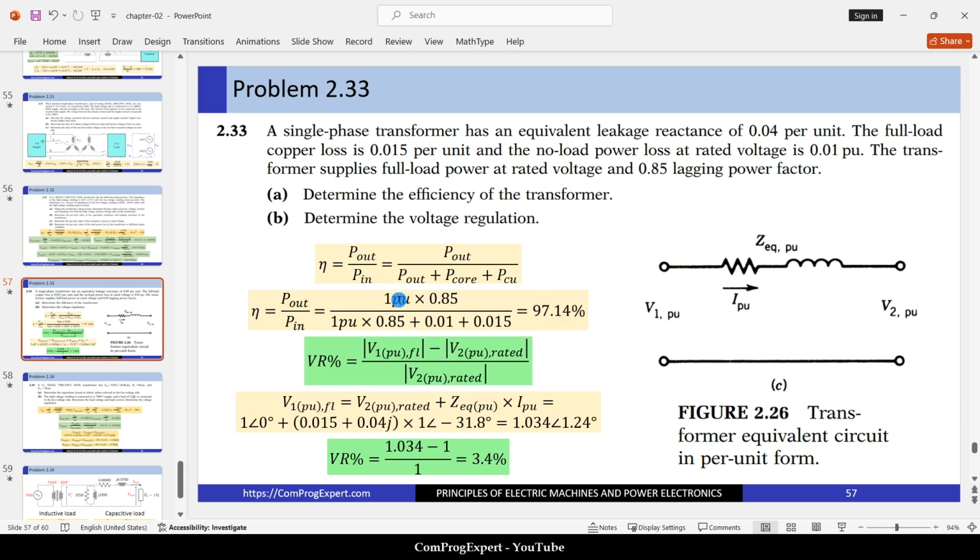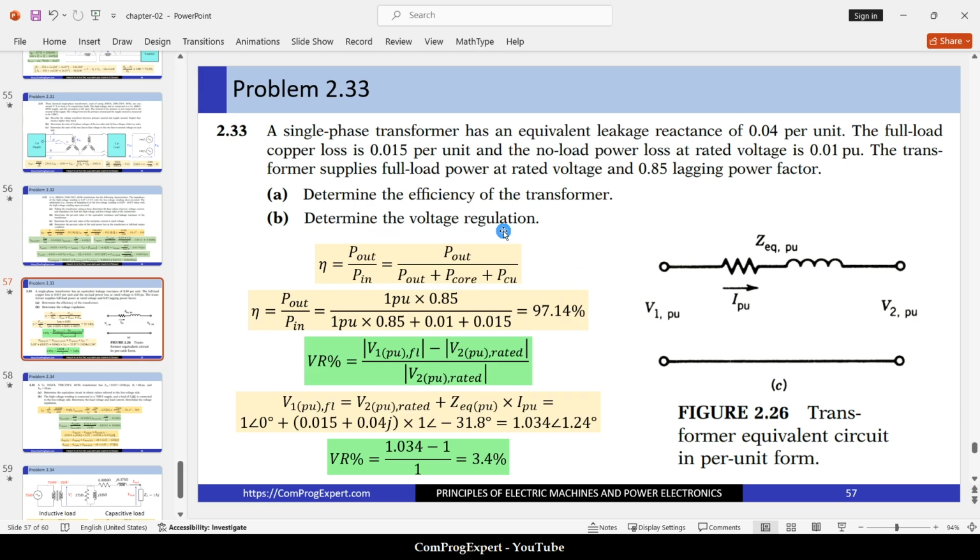So we multiply this by 0.85 to calculate the real output power of the transformer in per unit. The iron loss in per unit is given here, 0.01, and the full load copper loss in per unit is given here. So the efficiency will be equal to 97.1%.